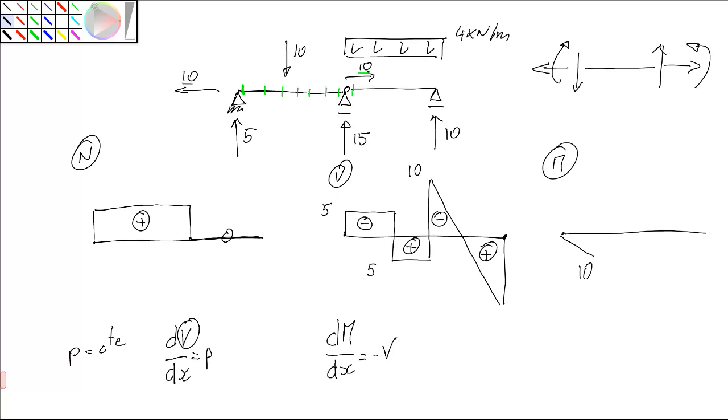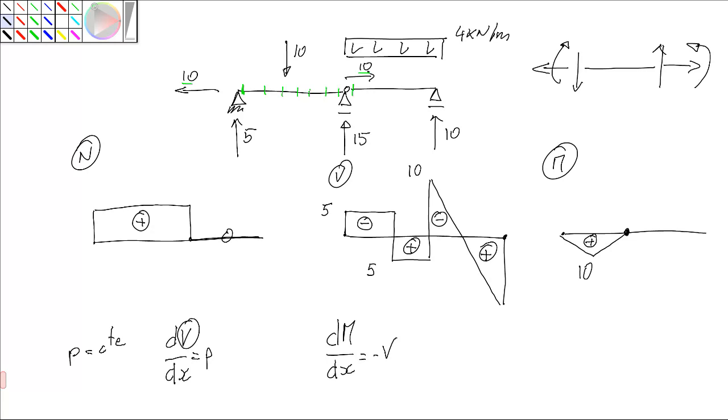Between this point and this point, so from here until the support, it is also linear, but V is now negative, meaning it decreases. The area of this part of the diagram is 5 times 2, so it's 10, and it changes by 10, resulting in a moment 0 at the hinge.